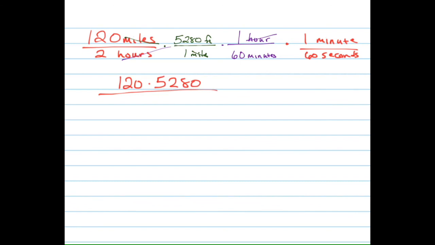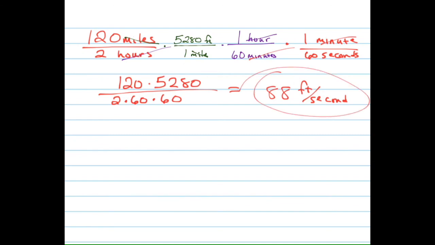You can throw the ones in there if you want, but they're not going to change anything. And on bottom, 2 times 60 times 60. So when we do that all out, we get a total of 88 feet per second. Because we canceled out all of the other units. All right, are there any questions? Okay, then.